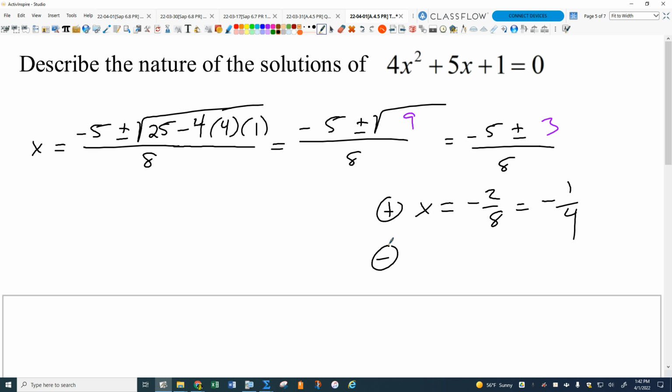Okay, if I take the minus sign, I get x equals negative 5 minus 3. Yeah, good. Negative 8 over 8, which is negative 1.